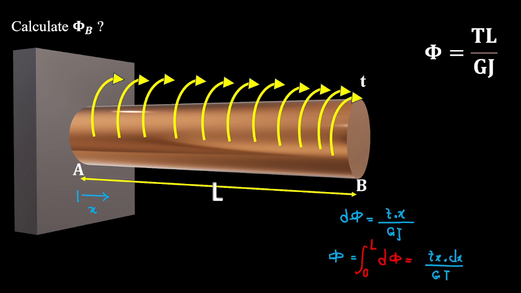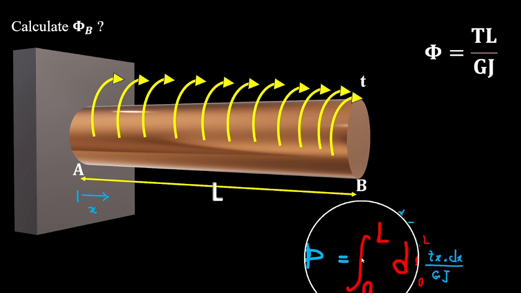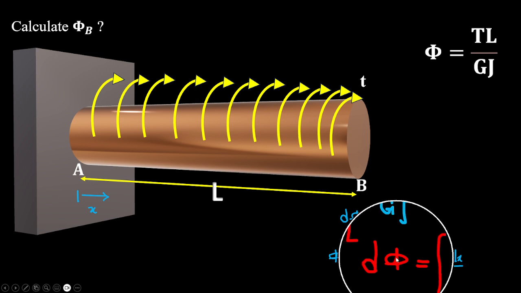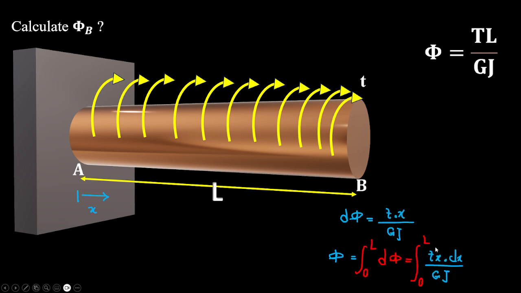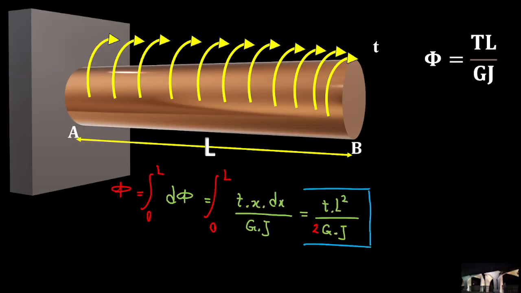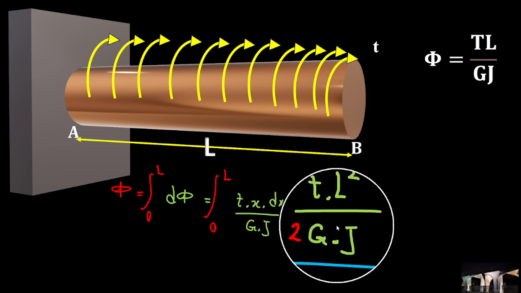Then to get the angle of twist, you integrate over the entire length of the shaft, which gives the integral from 0 to L of t x dx over GJ. If you do the math, it gives small t L squared over 2GJ.